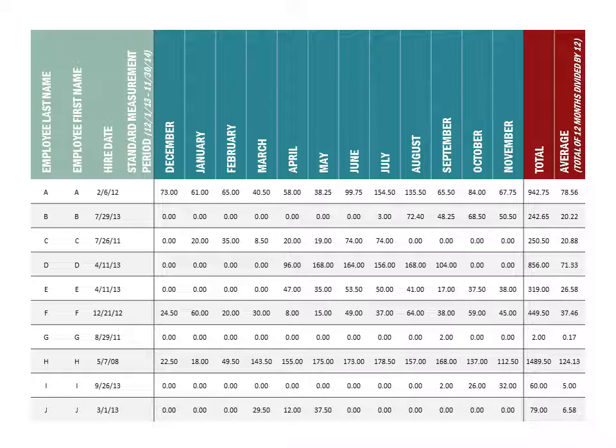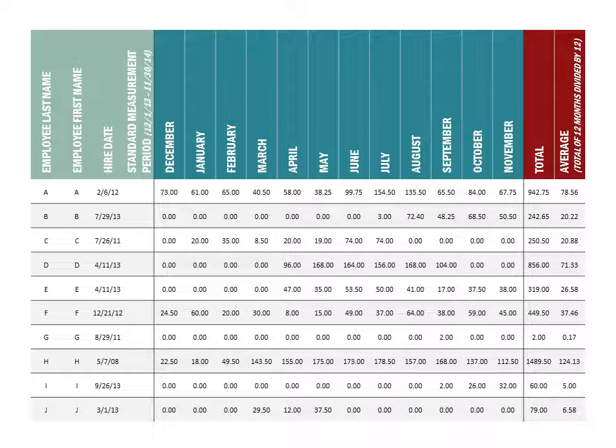In this case, the standard measurement period starts each December, because it's 12 months, so each December you'd go in and document and input the hours that each employee worked. So employee A is 73 hours, employee B didn't have any hours, employee C didn't have any hours, and so on.